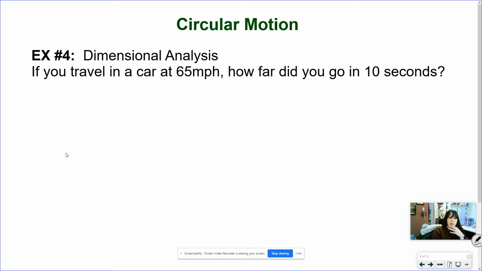So here's what we're going to do, okay? And this might be a little bit of a learning curve for some of you. So we're going to start by writing 65 miles per 1 hour. That's what this means, right? 65 miles per hour. In order for this problem to work, I need the hours to change to seconds.